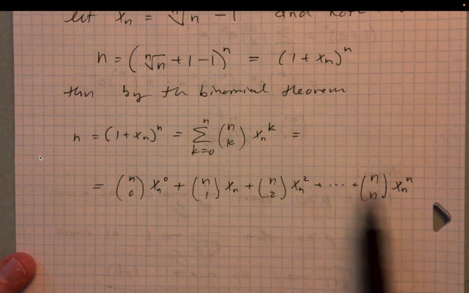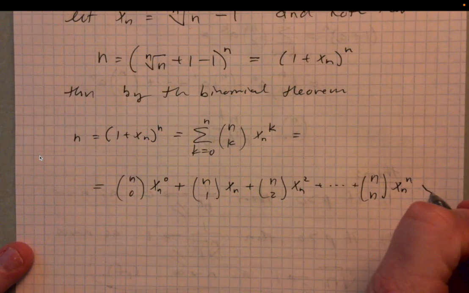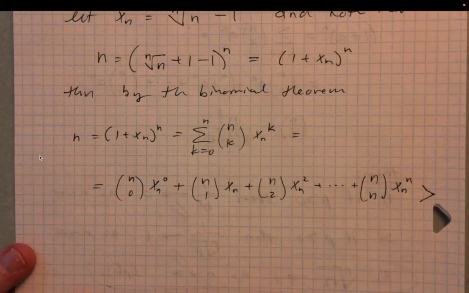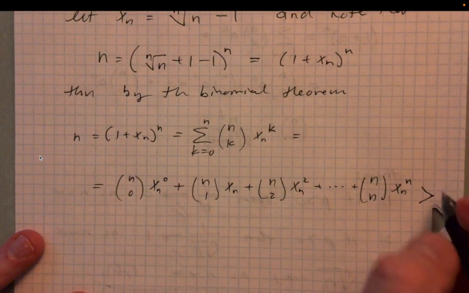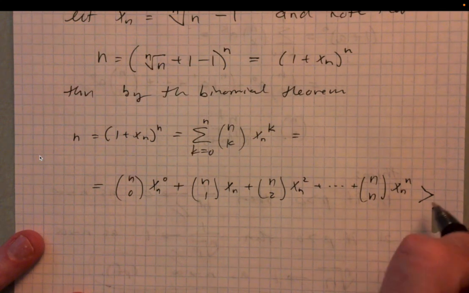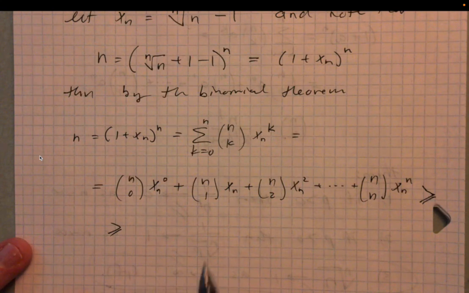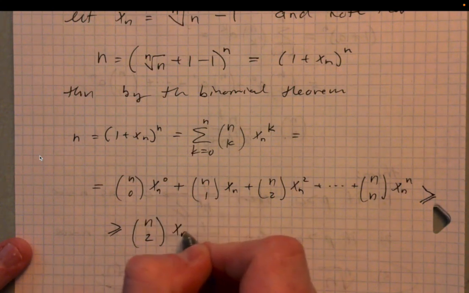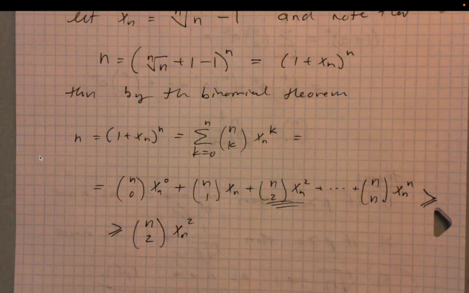So all of these terms are positive, and so this entire sum is strictly greater than, well, I'm going to say greater than or equal to n choose 2 times x sub n squared. Now notice this is just the third term in the sum.